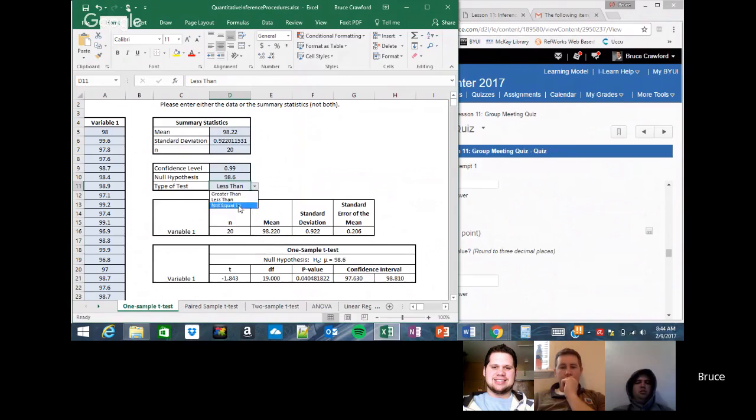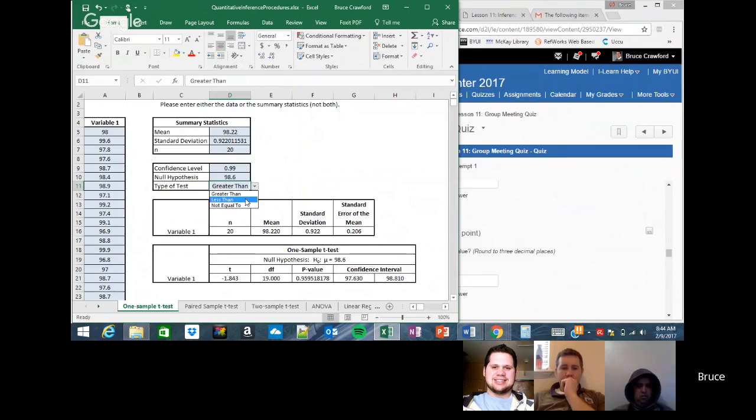We're assuming it's less than, so our symbol needs to change to less than. So what? Because of the type of test, aren't we testing to make sure? Oh no, I guess it'd be greater than. I think that's going to change the p-value, which one we choose. Whoa, why is it a different number?